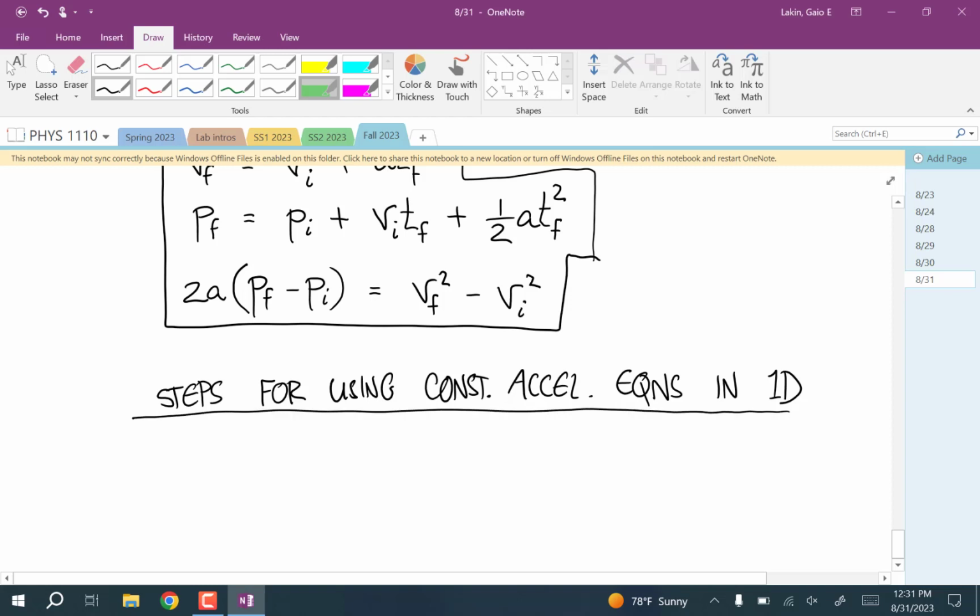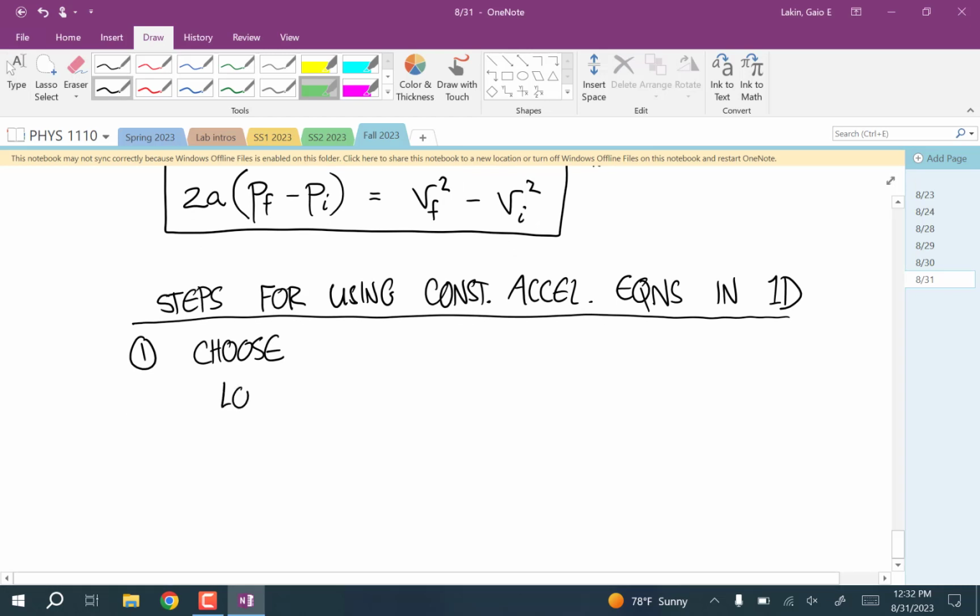The first thing you have to do is choose a position equals 0, a positive direction, the instant that you turn the stopwatch on, time equals 0, and the instant that you turn it off, time final. Okay, so the first step is choose a location that you're going to call position equals 0. That's the reference point in your real world.